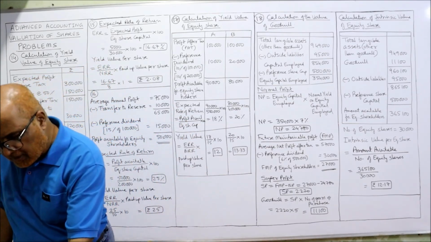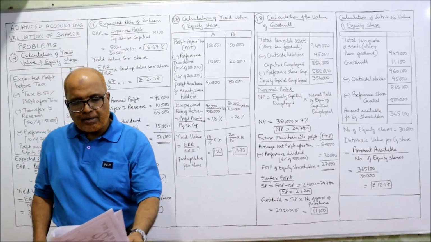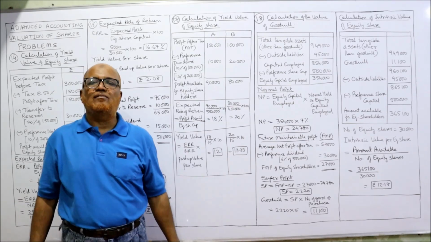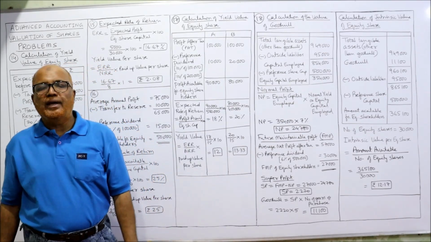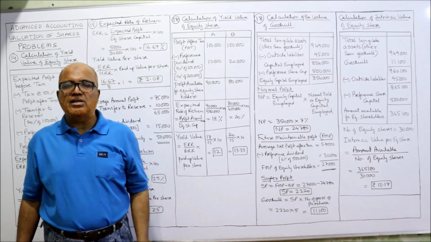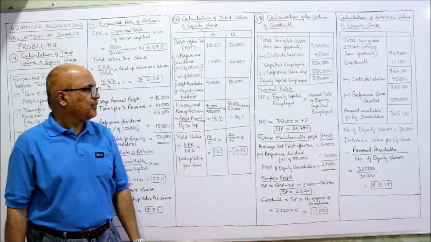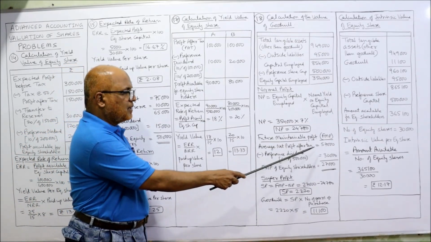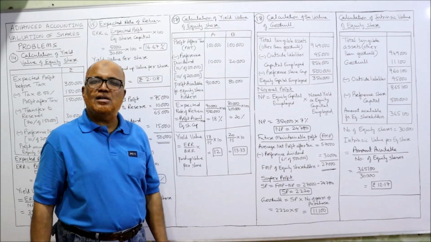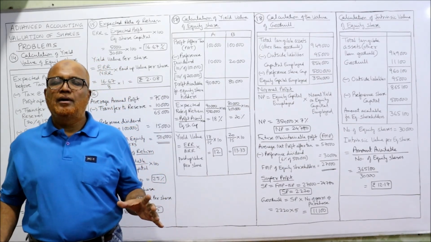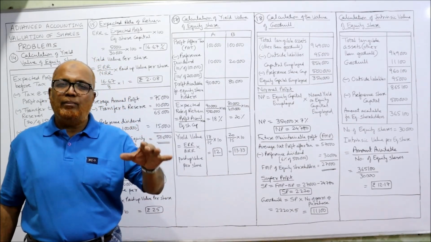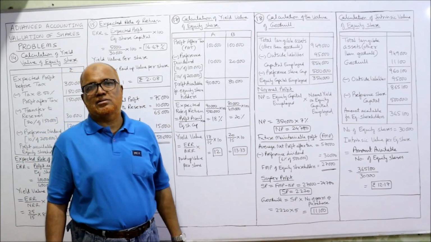So what is the average profit given? The average net profit of the company after payment of tax, 57,000. So we can treat the 57,000 as the FMP, future maintainable profit. But 57,000 is the average profit, and we need the profit available for equity shareholders.